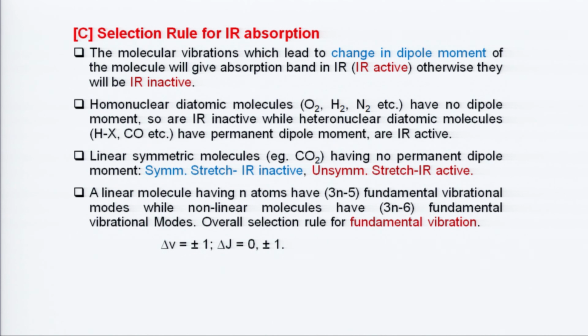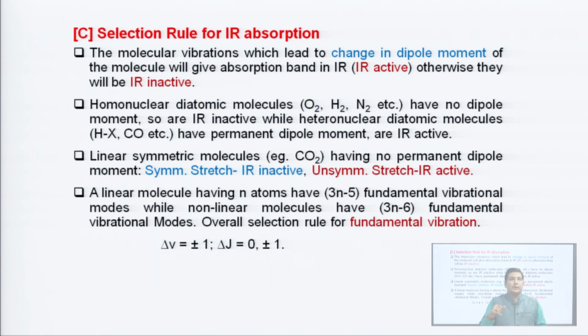The next is selection rule. Selection rules mean which type of stretching or bending or absorption will take place, which will be IR active and which will not be IR active. Molecular vibrations which lead to a change in dipole moment of the molecule will give an absorption band in IR, that is, IR active.